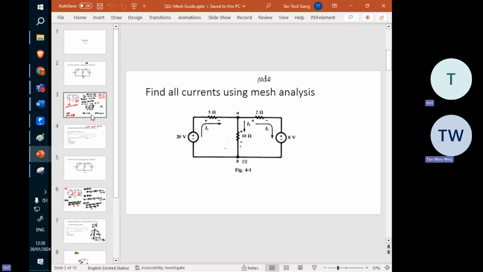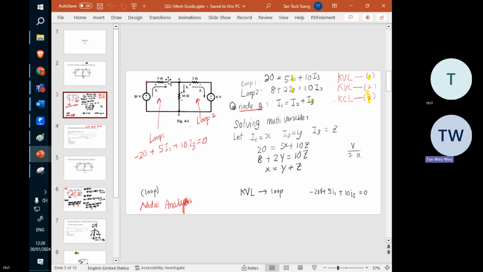Okay, first we need to draw 2 meshes, or sometimes we call them loops, I1 and I2. I3 is a different method, so right now we look at I1 and I2 only.